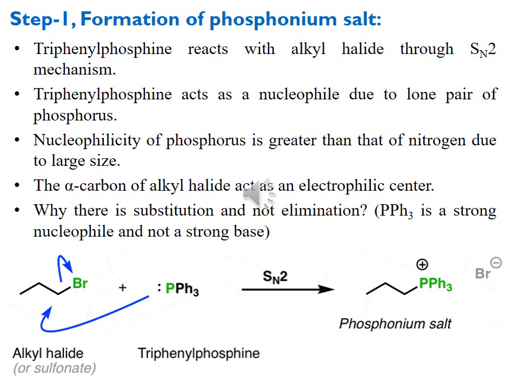If it attacks the beta hydrogen, then there will be a chance for elimination, but as it is a good nucleophile, not a base, it attacks only the alpha carbon, and we get only a substituted product in the form of a salt and not an elimination product.